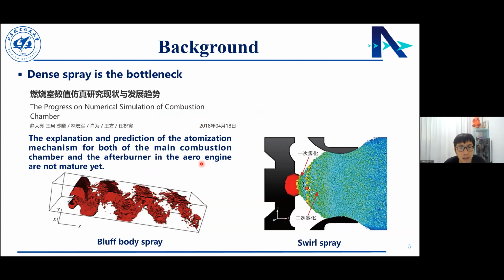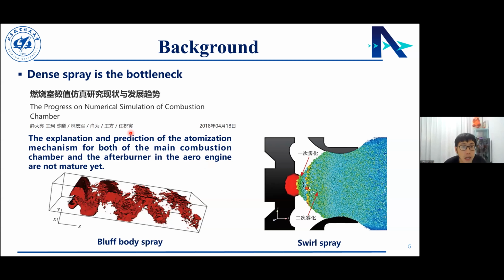They pointed out that the explanation and prediction of the atomization mechanism for both the main combustor and the afterburner in the air engine are not mature yet, and very, very expensive simulations can only give a scope of what's going on there.